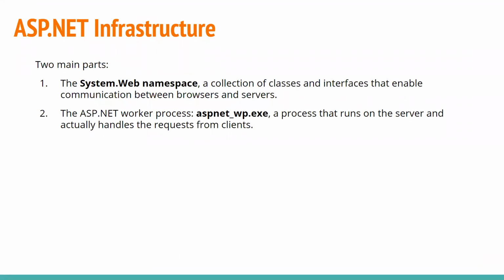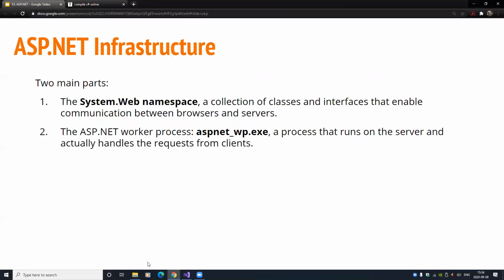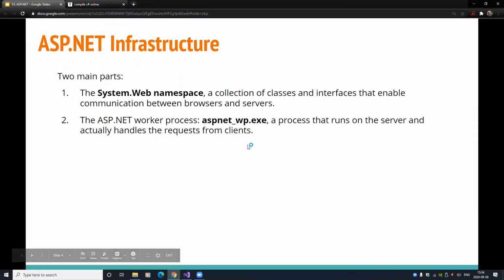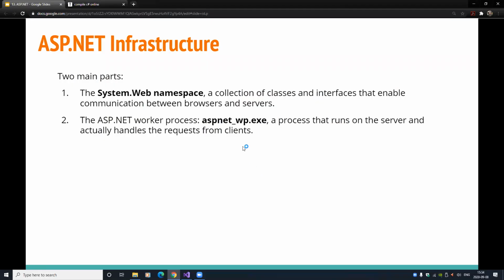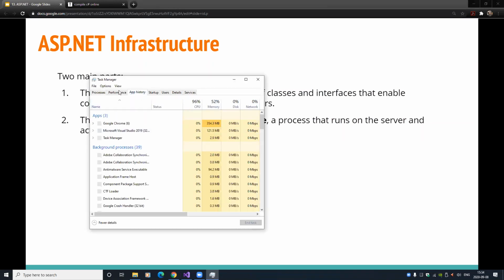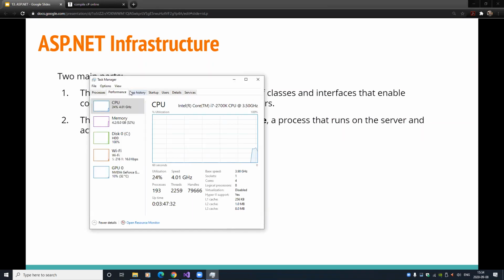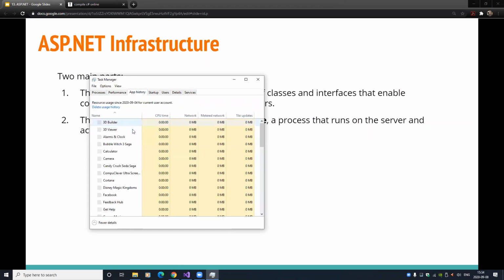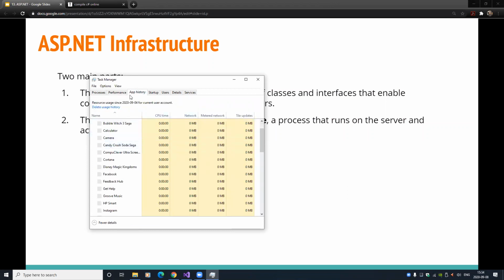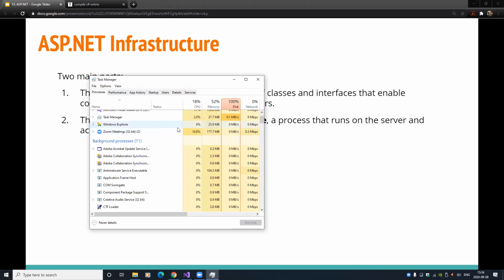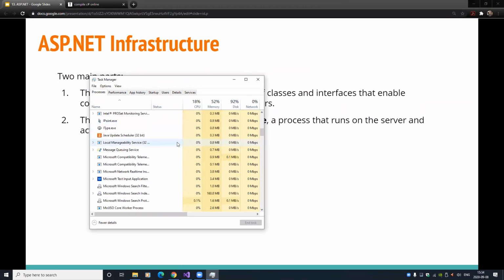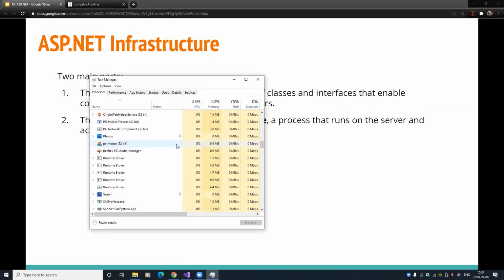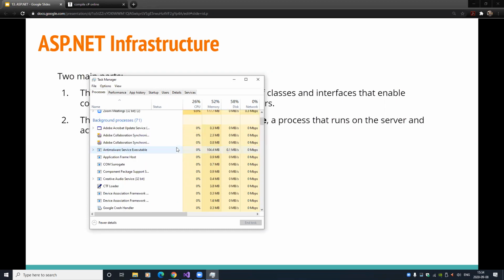And we've also got the ASP.NET worker process. So this, ASP.NET_WP.exe, is just a thing that runs on the server. You can picture, if you're running a web server, you have to run something to actually be able to use ASP.NET, right? There's an executable file that you click on, and that will actually run ASP.NET. So you can probably see a version of this on your computer, somewhere.